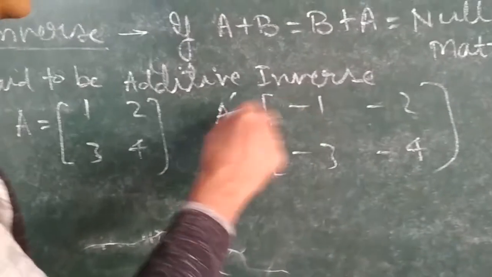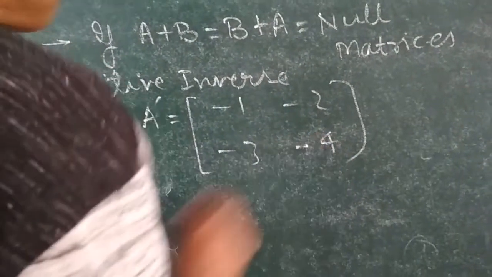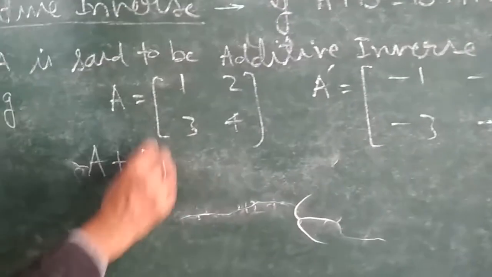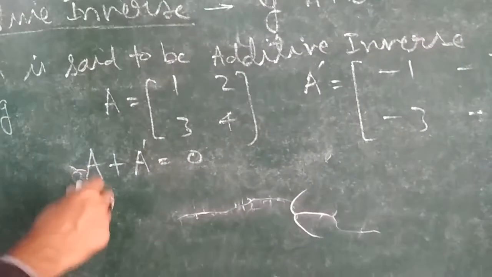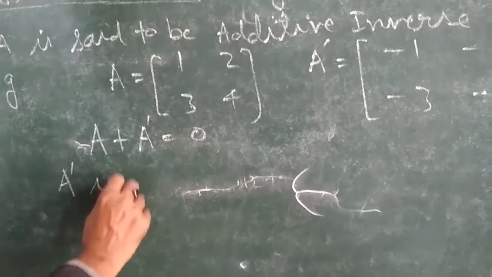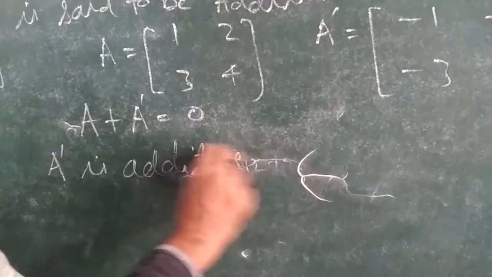Then A dash equals -1, -2, -3, -4. If we add them, A plus A dash equals 0. So A dash is called the additive inverse.